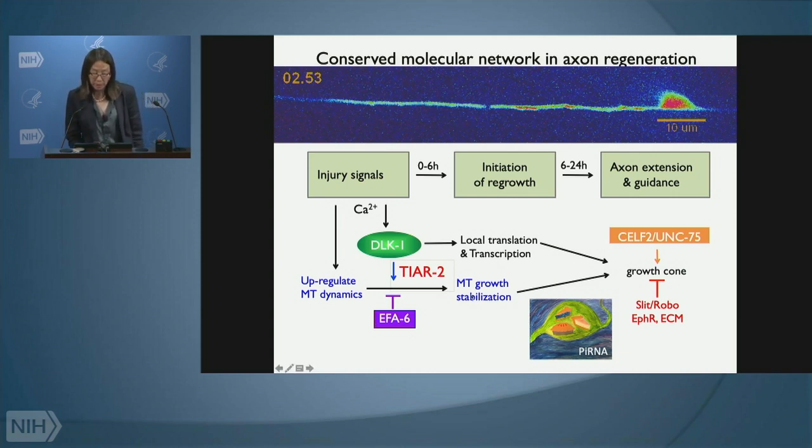Later on, I will talk about translating C. elegans findings into mammals, and then we'll come back to DLK and how we currently understand its in vivo regulation. This shows that in the later stage during axon elongation, all the developmental guidance molecules come into play to modulate the growth direction and growth extent.